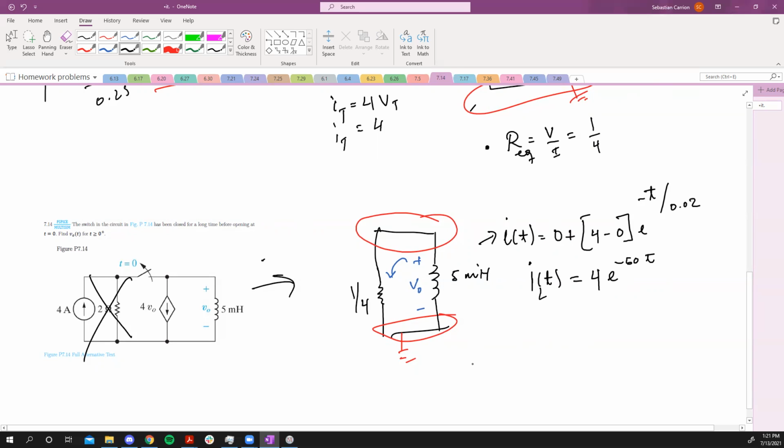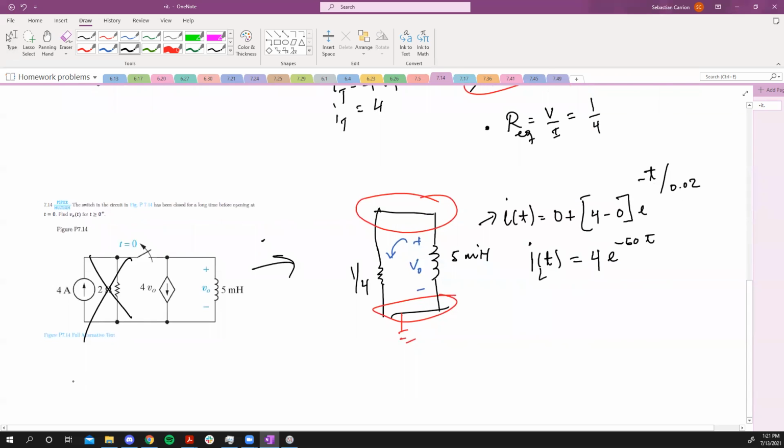And now it wants us to find V naught. For our V naught, we know the inductance, 5 millihenry, times the derivative of this function of current, which is negative 200 e to the negative 50t.